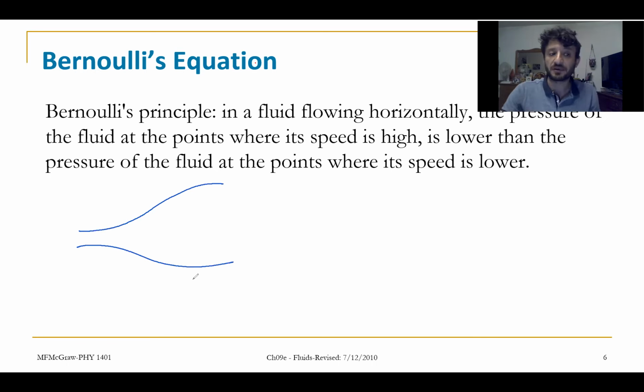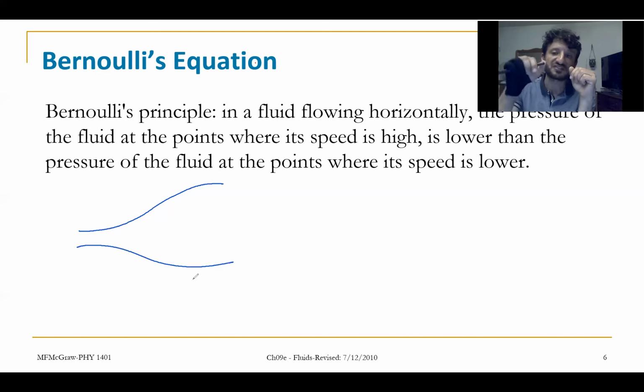For example, I give you an example. If we have a tube of water and a quantity of water goes out of this tube from the tip, if you put your finger at the tip, you reduce the section of the tube. In this case, you increase the velocity of the water.